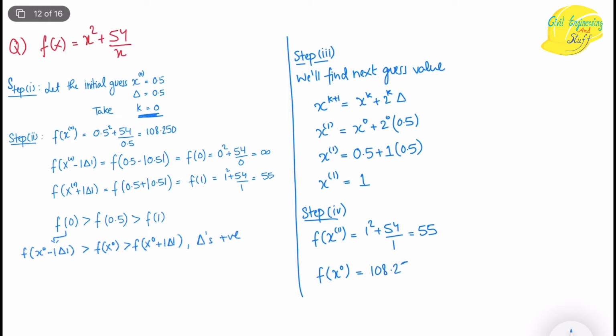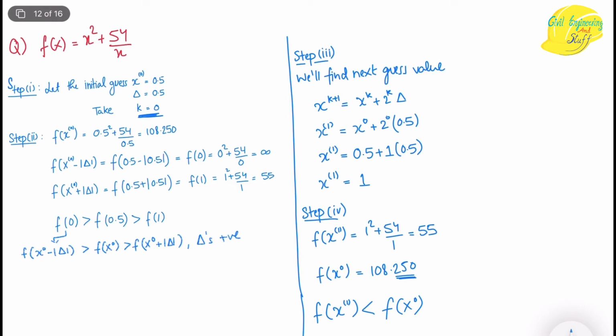Please set your calculators to 3 decimal places so that your answer matches the answer that we are getting right now. Okay, so through this we observe that f(x1) is less than f(x0).